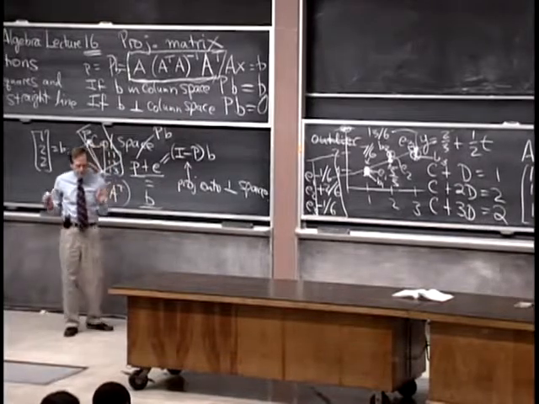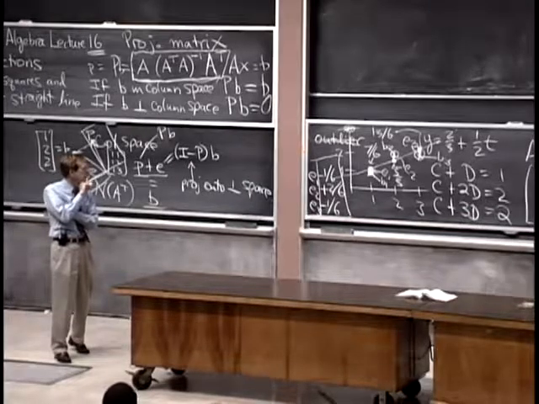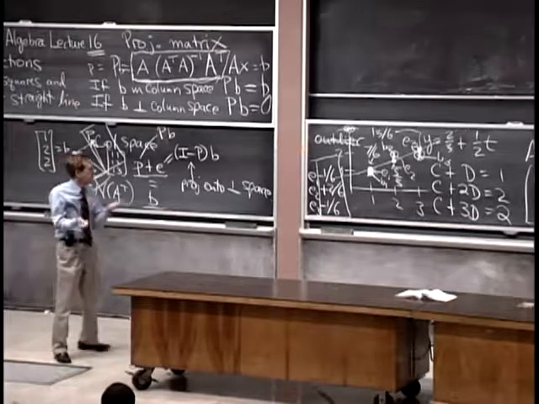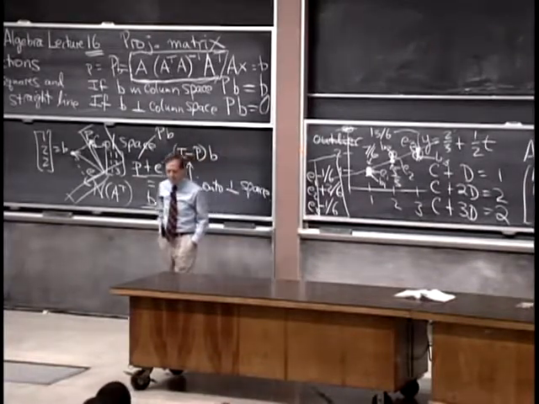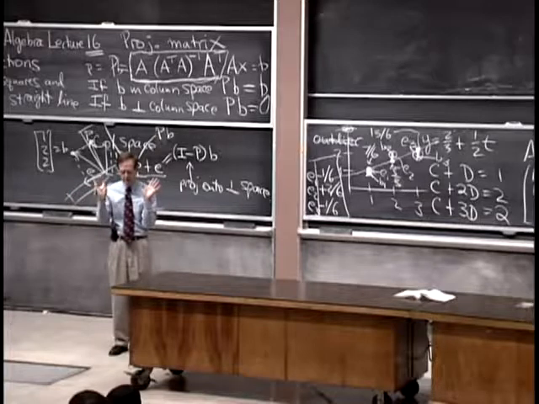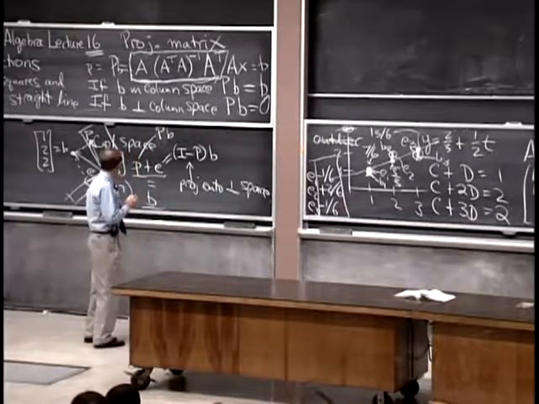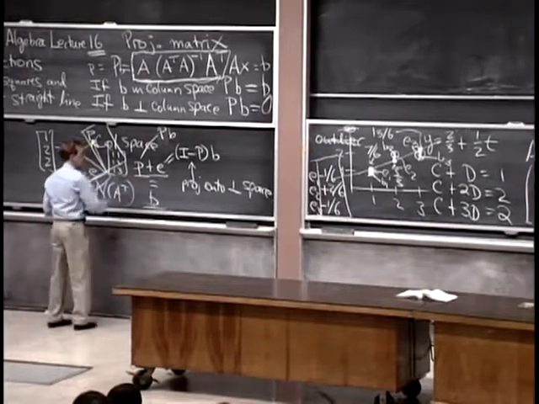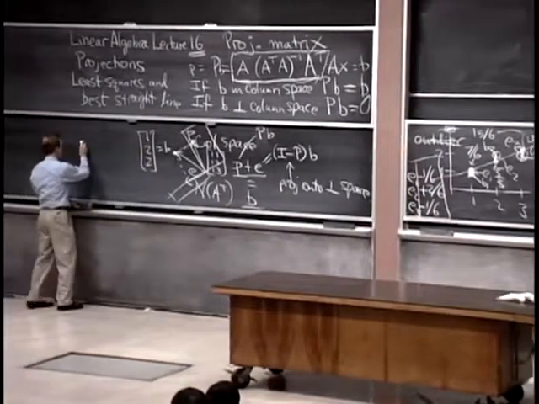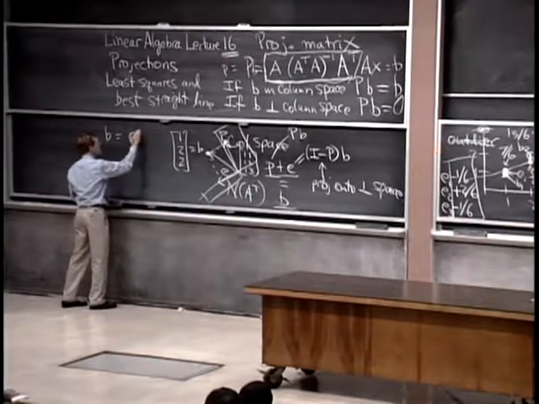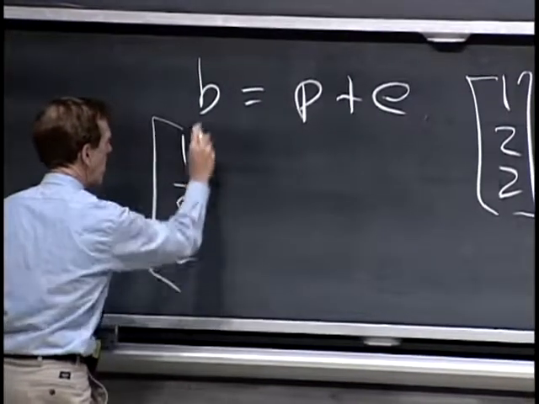Now, I'm going to take a deep breath here and ask, what do we know about this error vector E? You've seen now this whole problem worked completely through, and I even think the numbers are right. So I'll write out, B is P plus E. B, I believe, was 1, 2, 2.